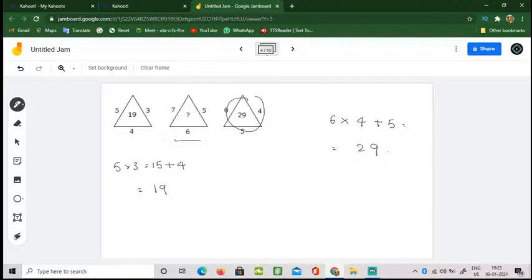And in a similar way, if you see this one, the middle triangle, it is 7 into 5 plus 6. Okay, so the answer is 7 into 5, 35 plus 6, and it is 41. Okay, and the answer is 41.